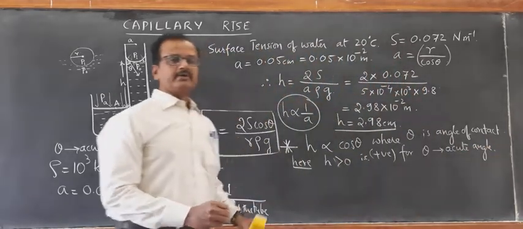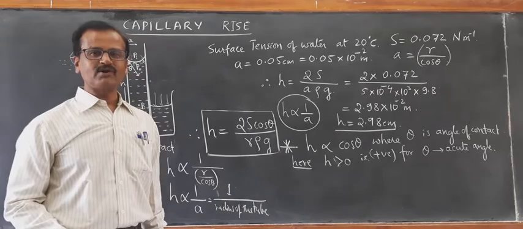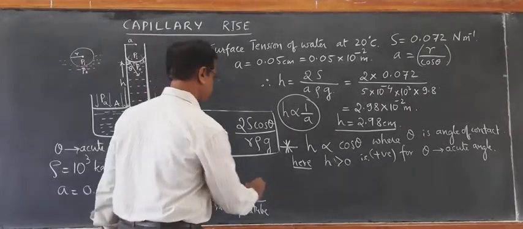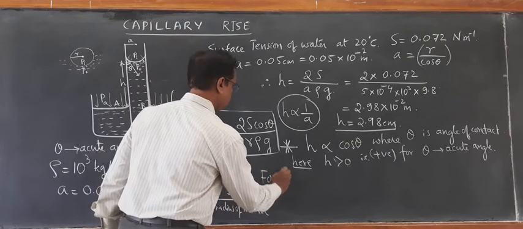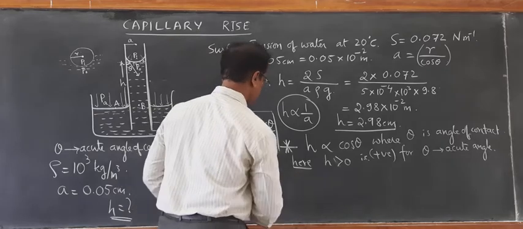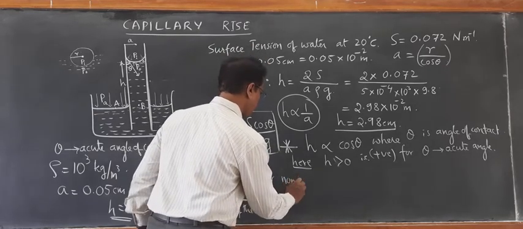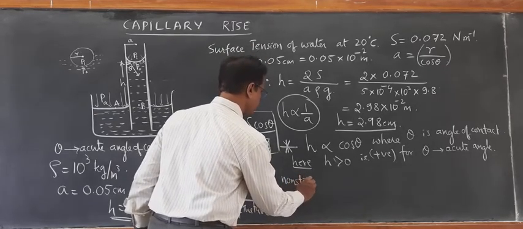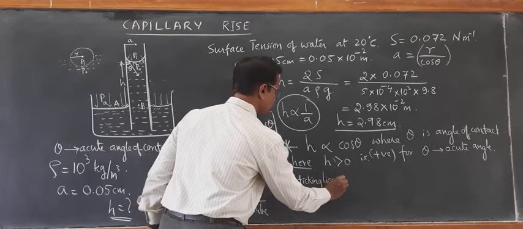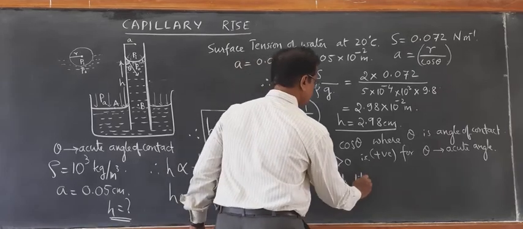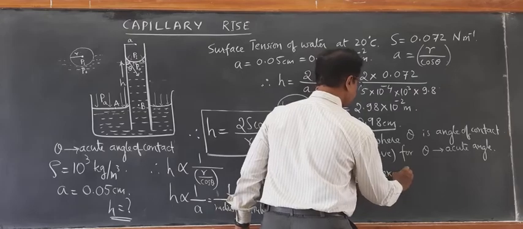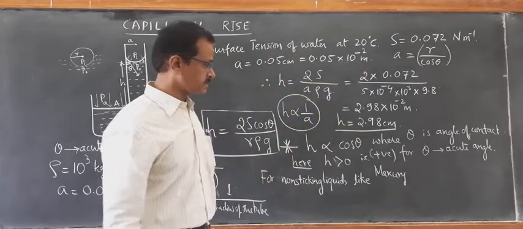For liquids like mercury, the angle of contact is obtuse. We have studied in the previous video. For non-wetting or non-sticking liquids with the solids like mercury, a very interesting thing takes place.